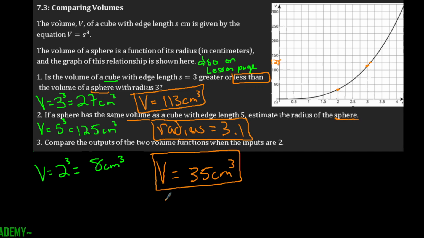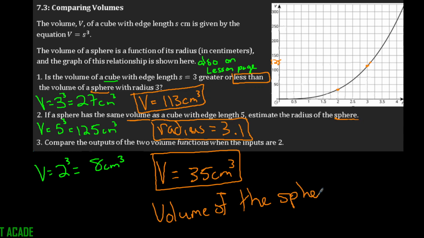So we're going to say that the volume of the sphere is, let's say, take the difference, 27 centimeters cubed larger. There we go. Or you could say more. Either one works.